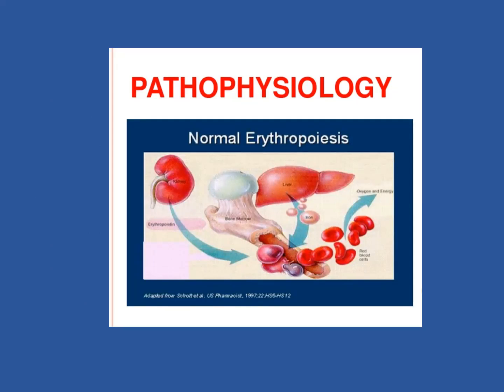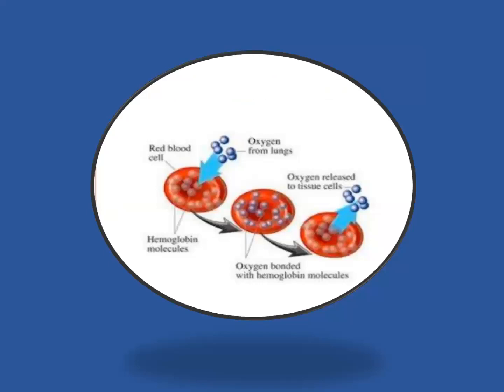So all these things are involved, and when you are discussing anemia and the reasons of anemia, you're going to be looking at each of these parts: whether the bone marrow is playing its part, whether the erythropoietin is being released by the kidney, and is the spleen doing undue destruction of the RBCs? So you should know your pathophysiology, and that is how it's going to help you find out what actually the cause is.